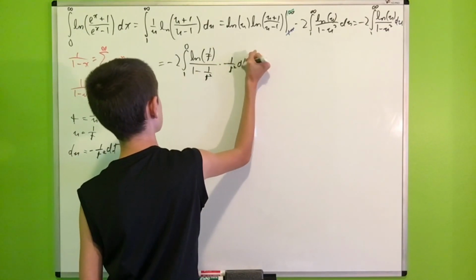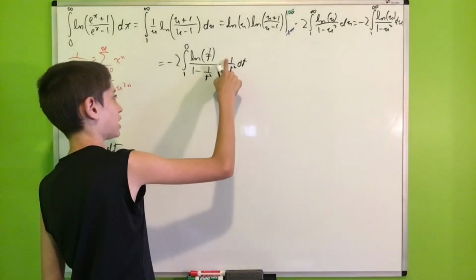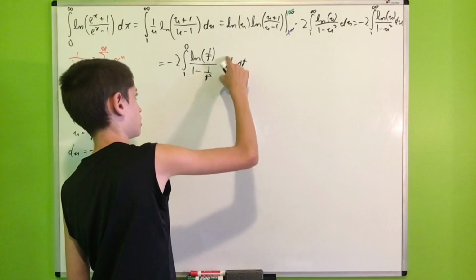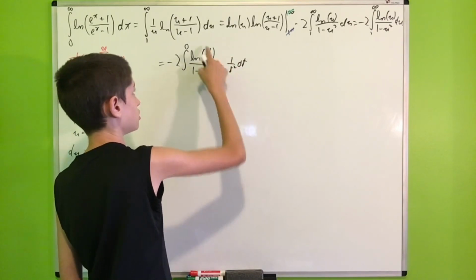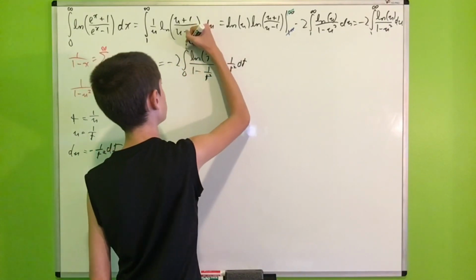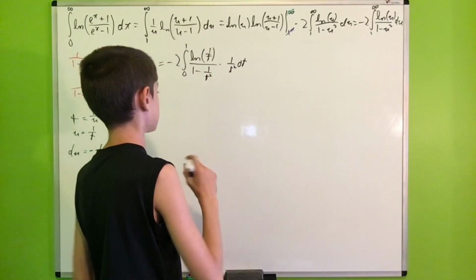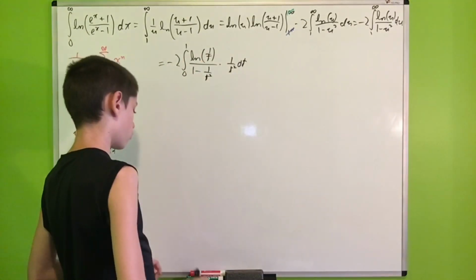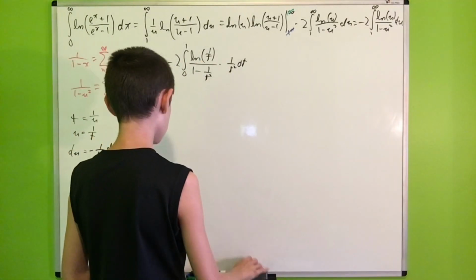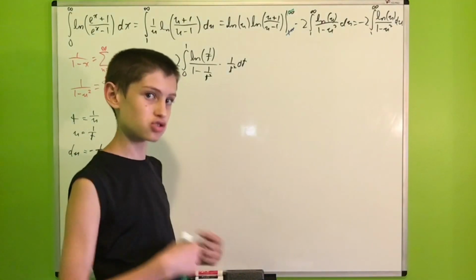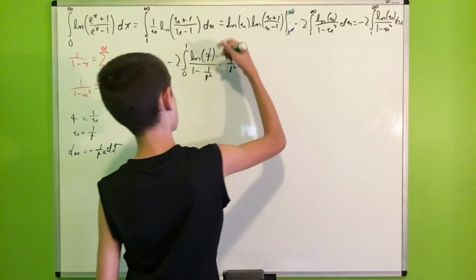And now we can use this negative sign to switch the order of integration. So we get the integral from 0 to 1. Natural log of 1 over t is natural log of t to the negative 1.